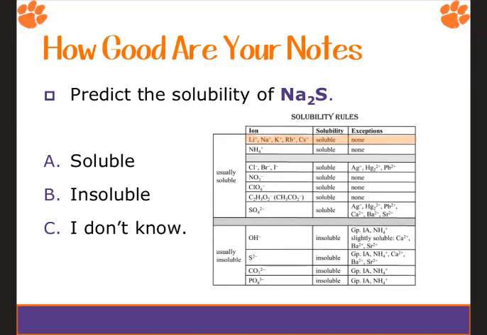Pretty much everything with sodium is soluble. So it's a good bet that this is going to be soluble, but we can also check down here with the sulfides. We see that sulfides are generally insoluble, but the main exception is group 1A, which sodium belongs to. So either way you looked at it, this one would be soluble.